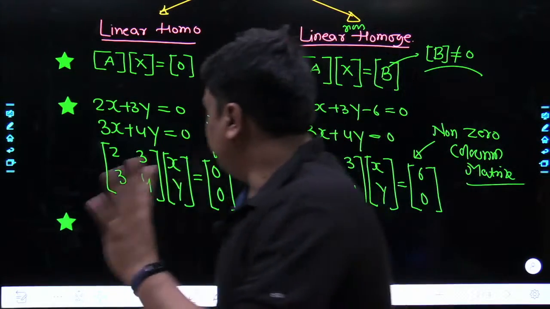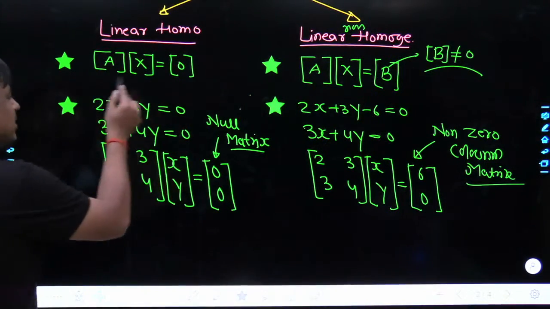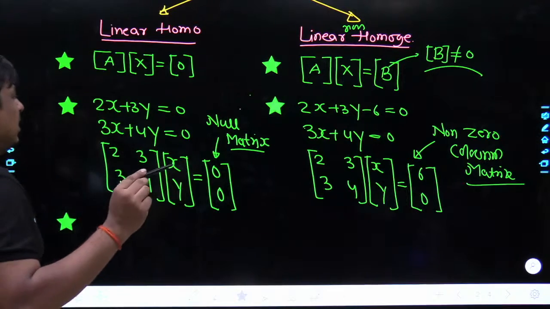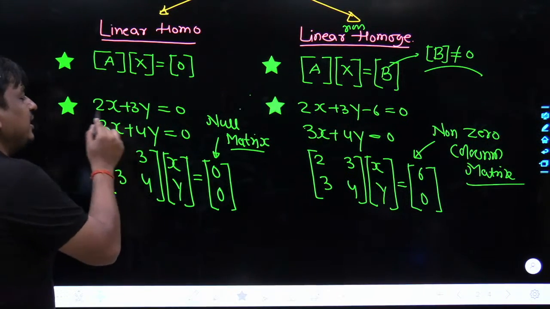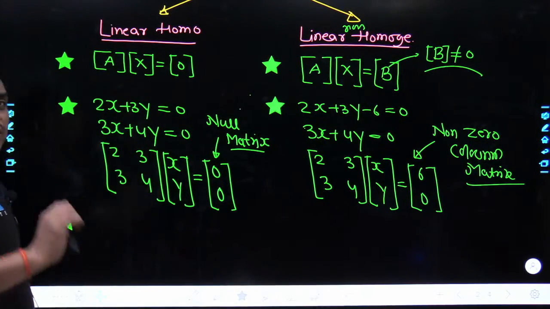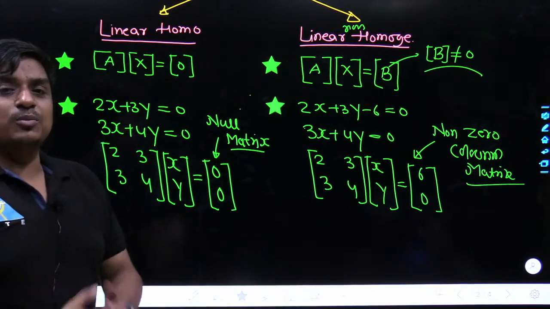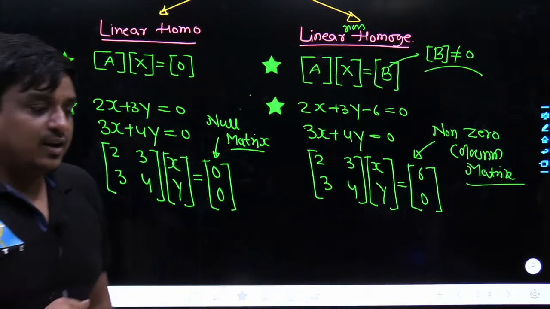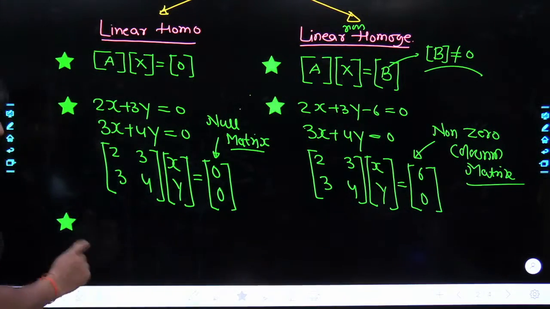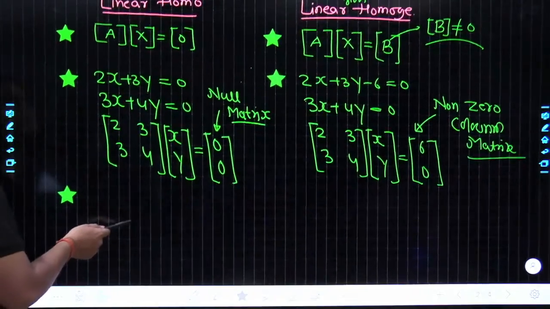That means you will never have a situation when you are not getting any solution for this equation. Always you will have one solution as 0, 0.